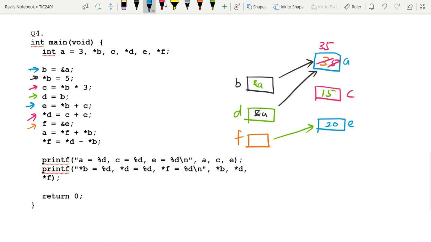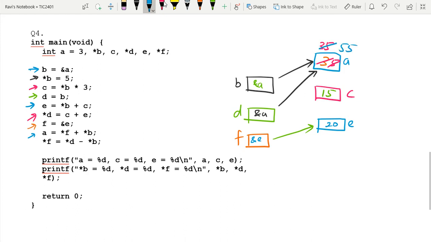The next line, A equals asterisk F plus asterisk B. A is whatever F is pointing to, which is E, added with whatever B is pointing to, which is A. So 35 plus 20 is put back into A, and eventually A has a value of 55.